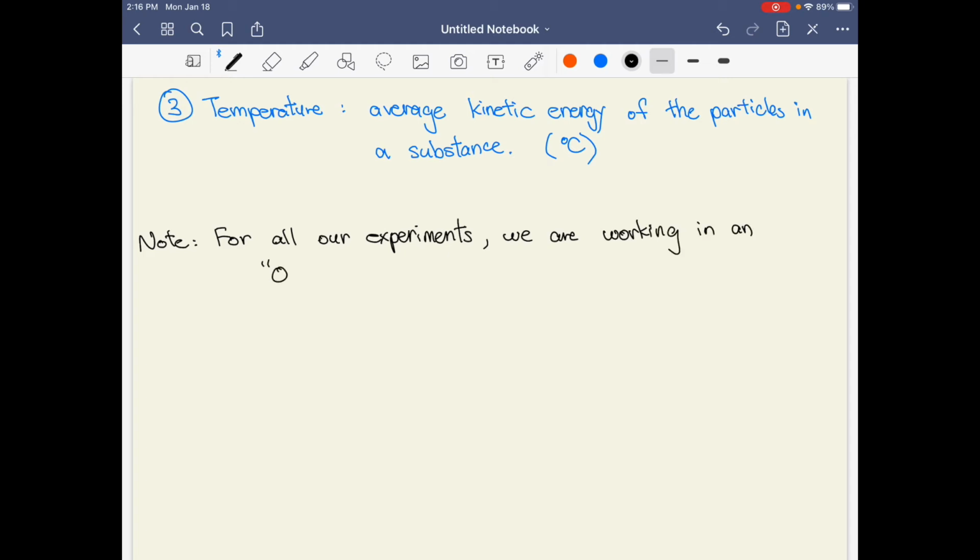What does that mean, an open system? Well, very simple. Where matter, or both matter or energy, can move from system to surroundings.